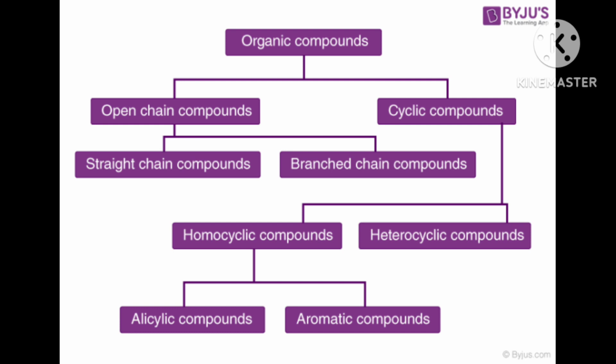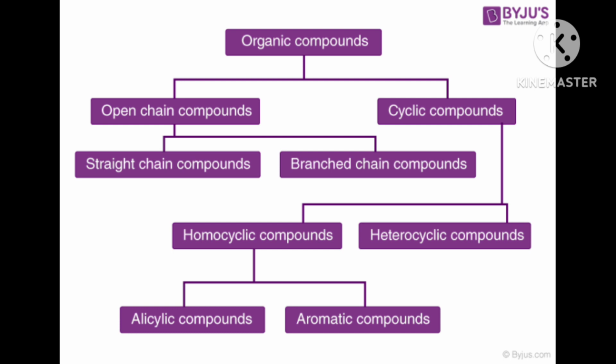If only 6 are there, that is called benzenoid, and both are aromatic. Some conditions are there. Benzene is an aromatic compound, but other compounds are also there. They are in ring form, but with more than 6 atoms. They are also aromatic. That is called a non-benzenoid compound.